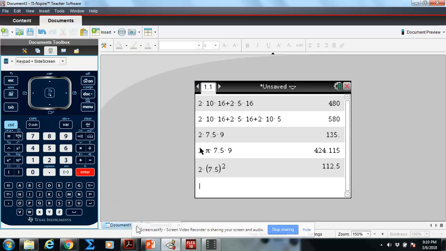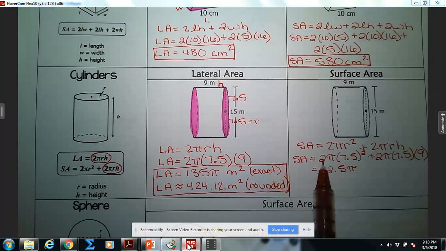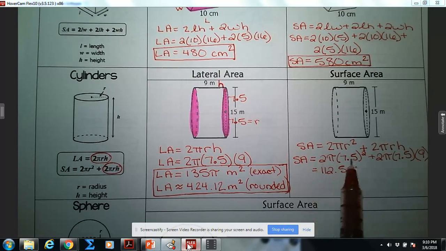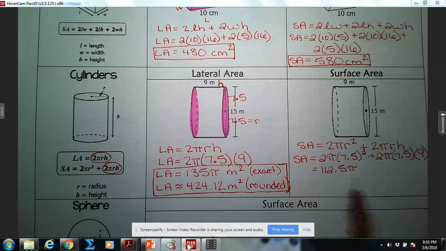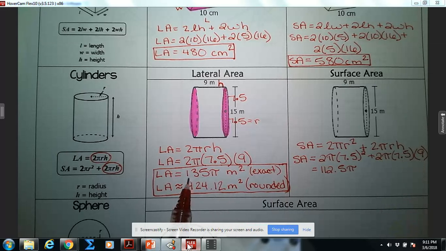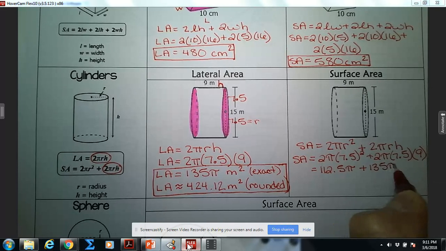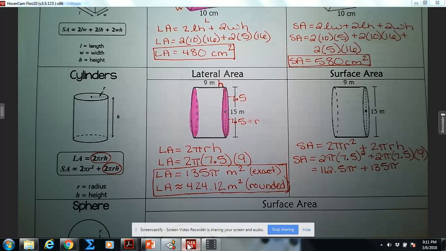Okay, that 112.5 is an exact value, so it still has pi on it. That's just 2 times the 7.5 squared. Okay, I also have 2 pi times 7.5 times 9, which we already did over here. So I know that that piece is 135 pi. That's the lateral area. Well, these are like terms.